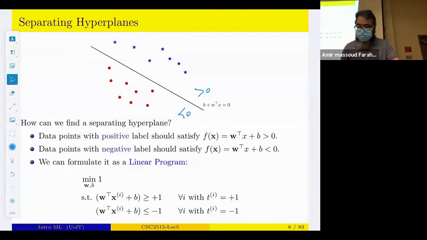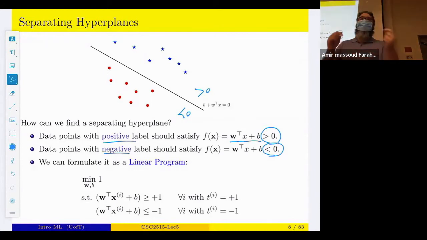So if we choose W such that data points with positive labels satisfy f of x, W transpose x plus b, having a positive value, and data with negative labels have a negative value, on the other side of that hyperplane, then such a W satisfies our criteria. It defines a line that separates the points.